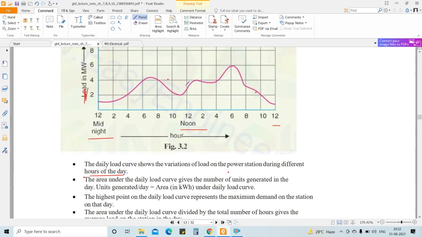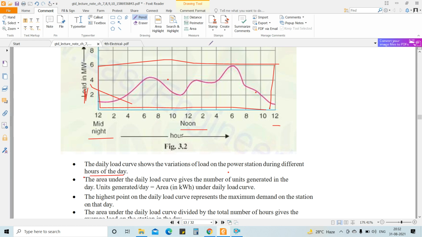See, if I want to find the area, this is my total area. It approximately looks like one rectangle. Here this is the load in megawatt and this is the hour. If I want to find out the area, it is length into breadth, that means time into megawatt, that is kilowatt hour or megawatt hour.